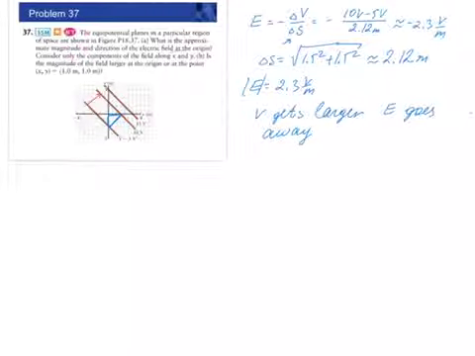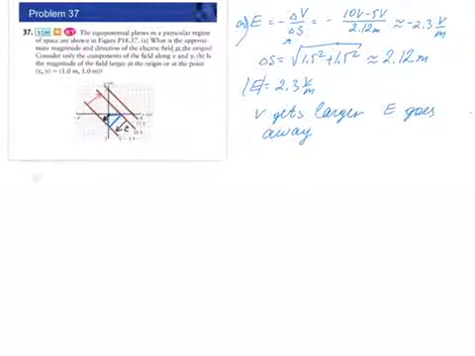So in this particular case, I'll show it in black color. E goes this way. So at this point, E is directed this way, away from 10 toward 5. So this is the answer to part A.